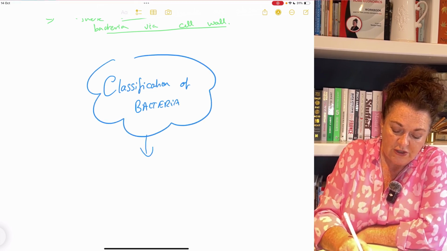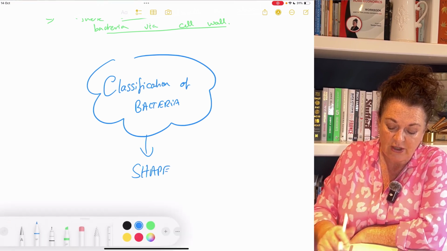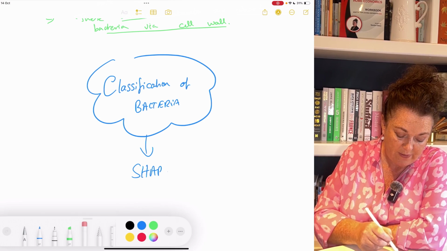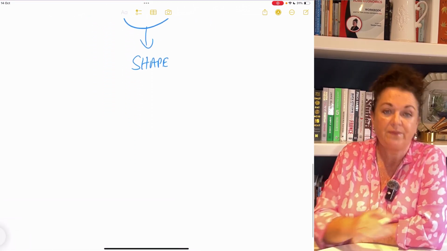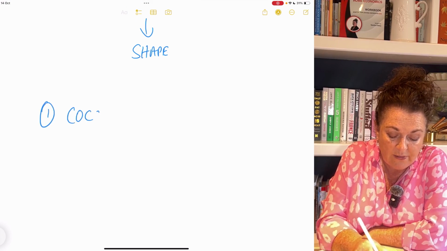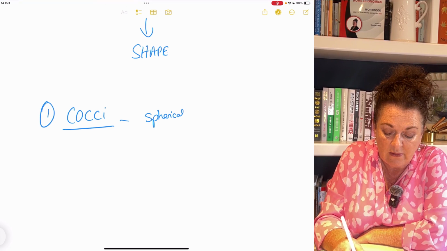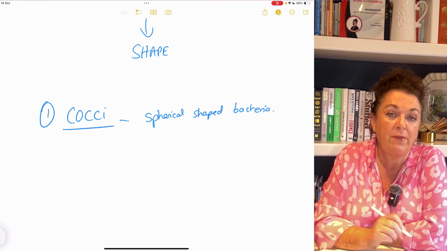So according to shape, we have 3 different shapes of bacteria, starting with what are called cocci. So number 1, cocci. Now cocci refer to spherical shaped bacteria, and cocci would be plural.